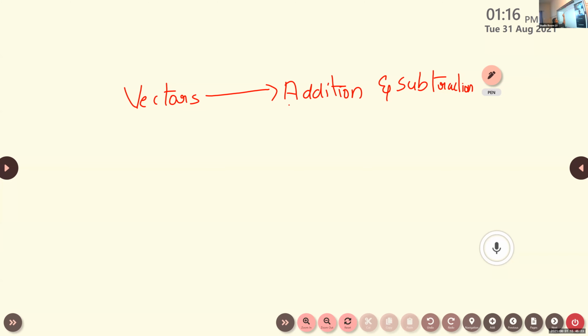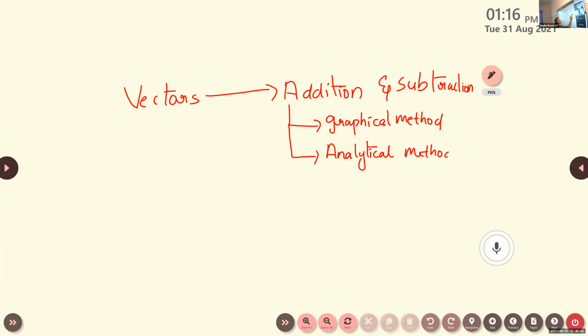One is graphical method. The second one is analytical method. And the third one is component method. Okay.